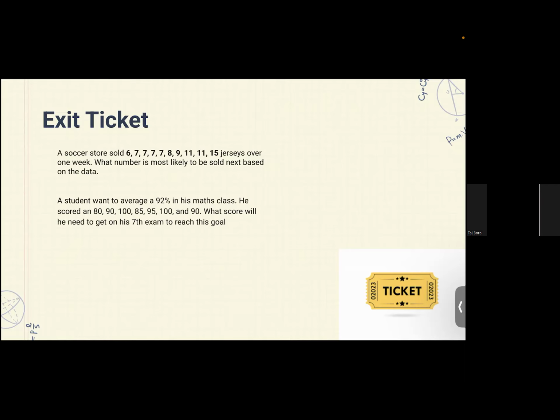So these are numbers on a jersey. What number is most likely to be sold next based on the data from last week? Just think about which number is most likely to be sold using one of the techniques, and then I will show the answer in about 2 minutes.